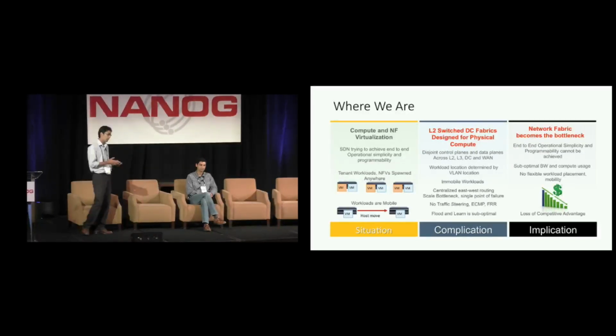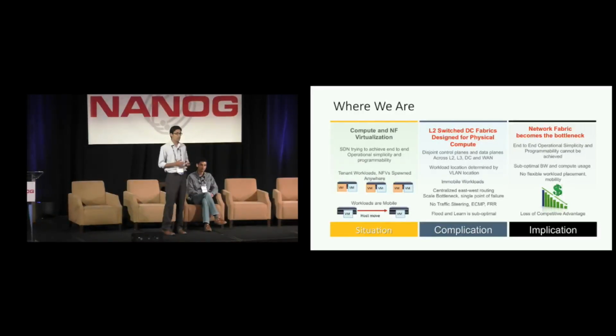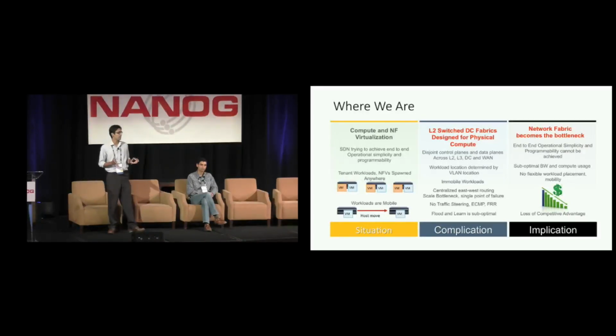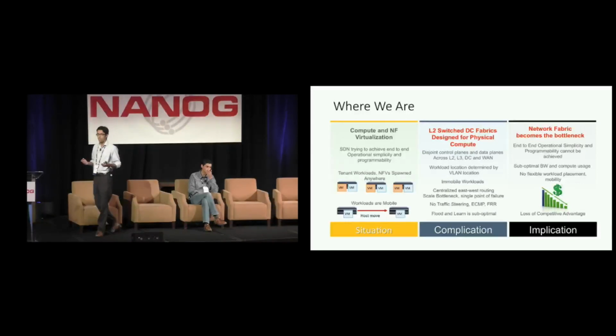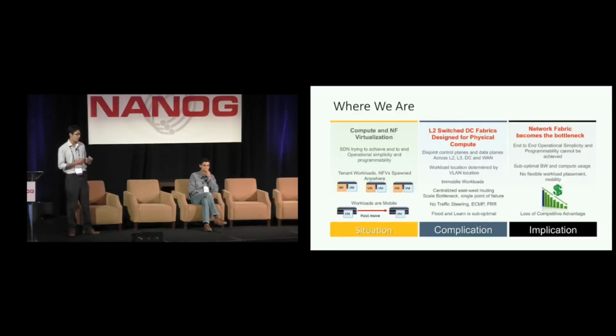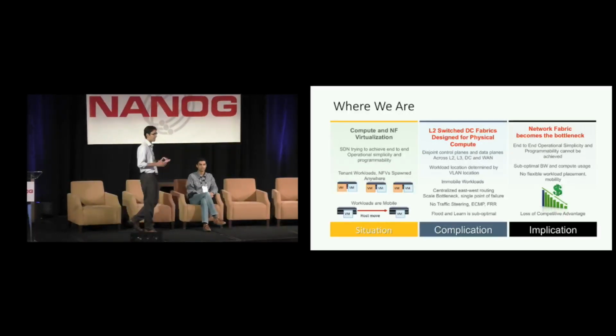However, the complication is that the networks across multiple domains have become very complicated with disjoint technologies. For example, you are using different technologies for layer 2 and layer 3 networks. Similarly, we have different technologies for SP and data centers, which totally impedes the goal of SDN of operational simplicity.